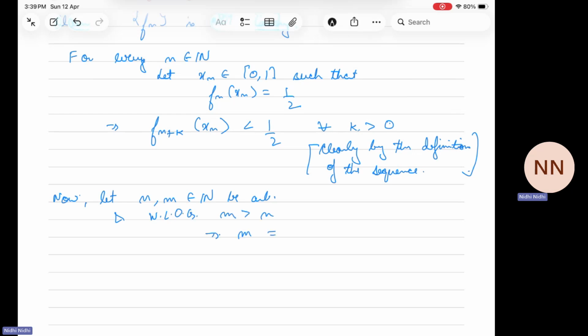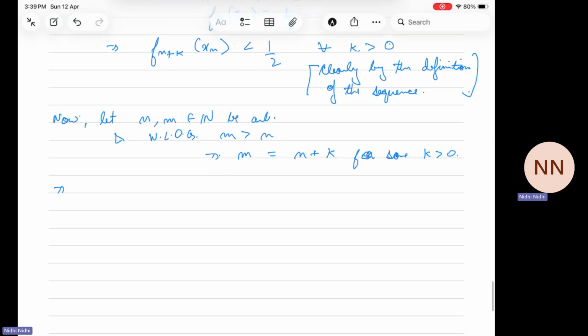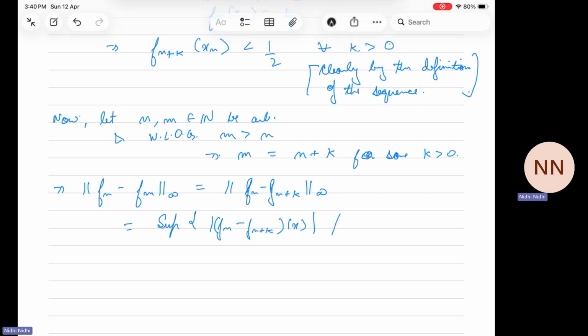That means m can be written as n plus k for some k positive, obviously. So the sup norm of Fn minus Fm is equal to the norm of Fn minus Fn plus k, and by definition this is equal to the supremum of modulus of Fn minus Fn plus k at x for x belonging to the closed interval 0 to 1.